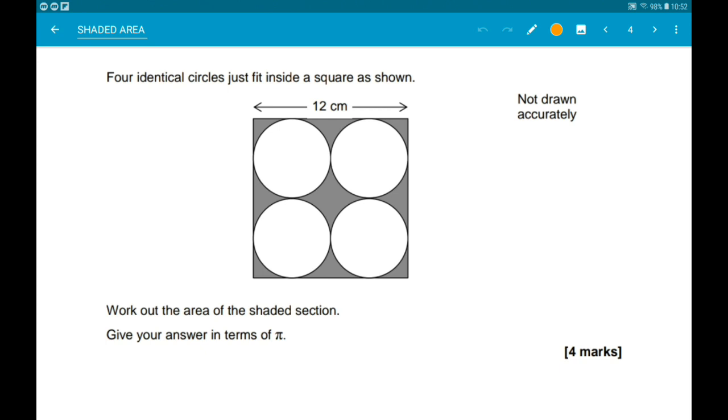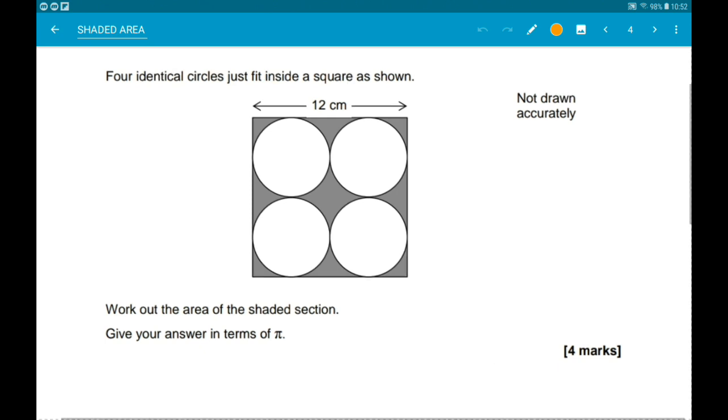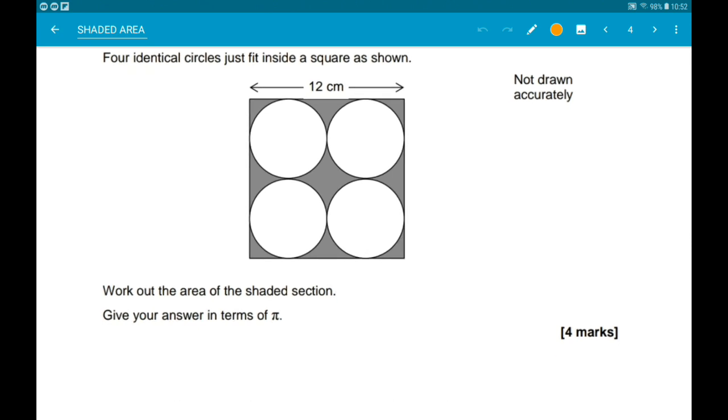We want to know the area of the pastry we have left. So, first thing we need is the area of the square. So that's 12 times 12. So 12 centimeters times 12 centimeters is 144 centimeters squared.